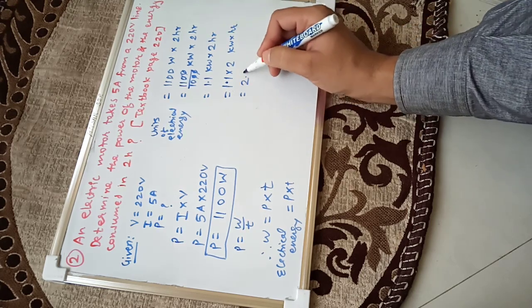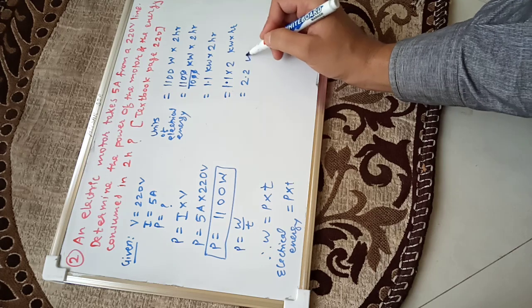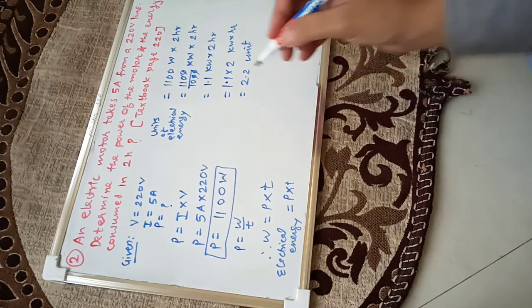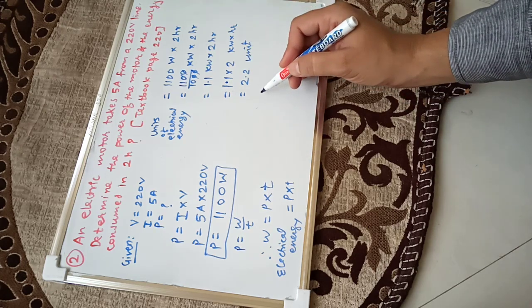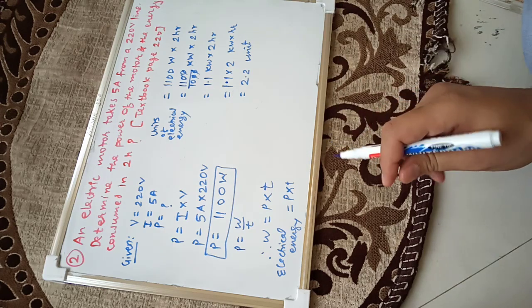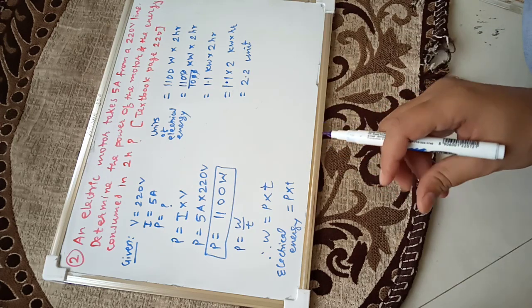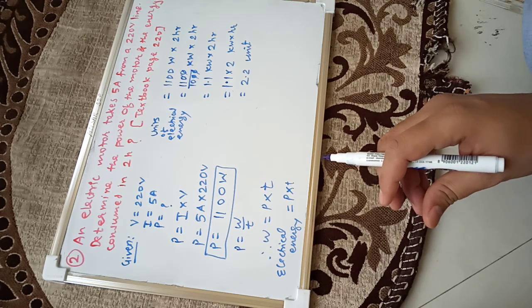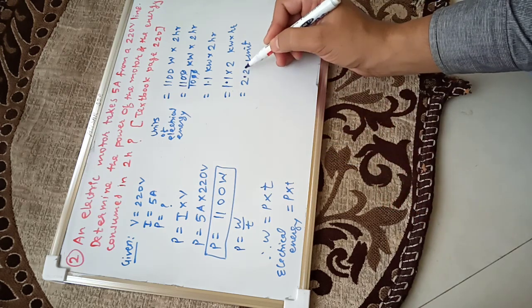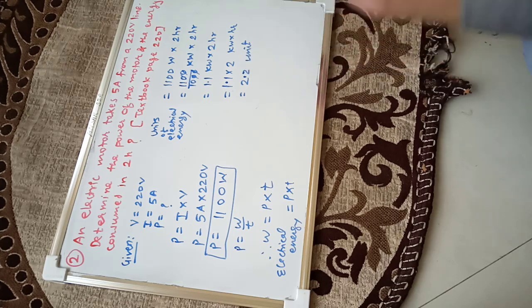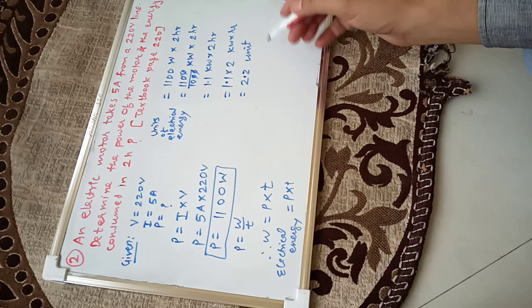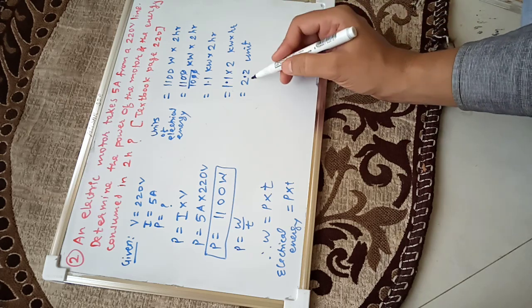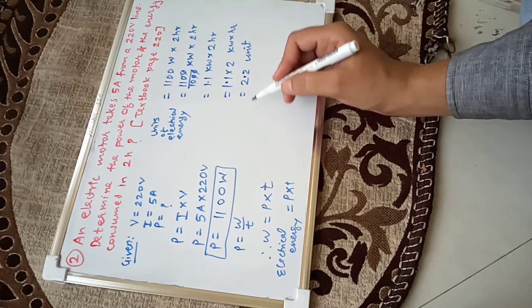So this will become 2.2. Kilowatt into hour is called unit. Whenever we say 5 units have burned in our house, or 100 units have burned in our house, what does the unit mean? Kilowatt into hour is called unit by MSEB. For MSEB or SNDL, for our entire country, kilowatt into hour is called unit. So it will be 2.2 units.